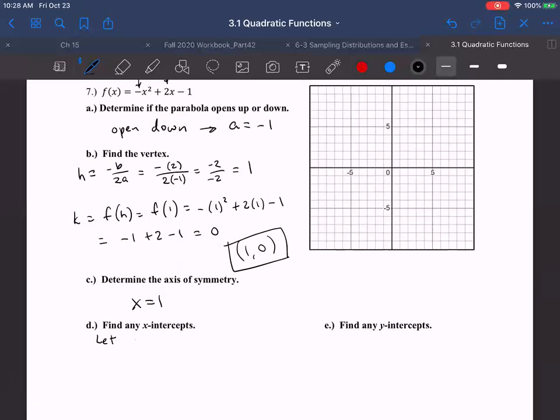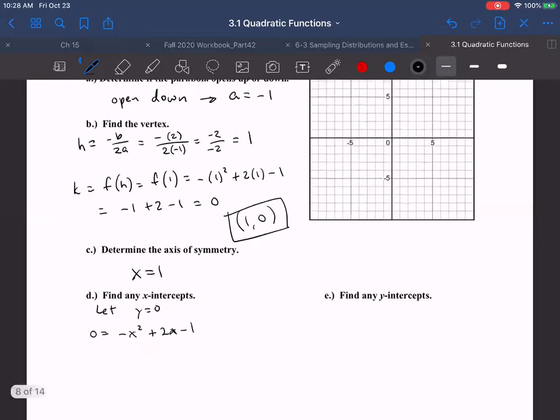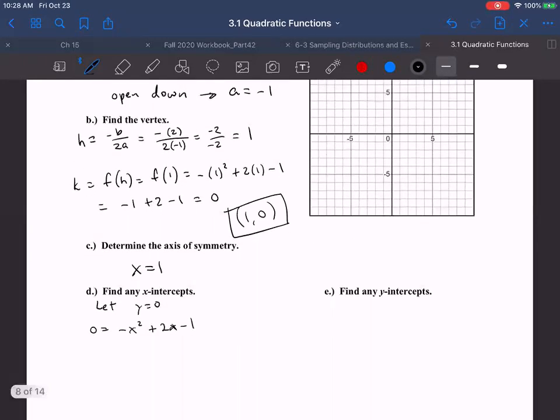So we, again, let y equal 0, and we get 0 equals negative x squared plus 2x minus 1. All right, if we take that, we can factor out this negative. We can make this negative of x squared minus 2x plus 1, just like that, equals 0.